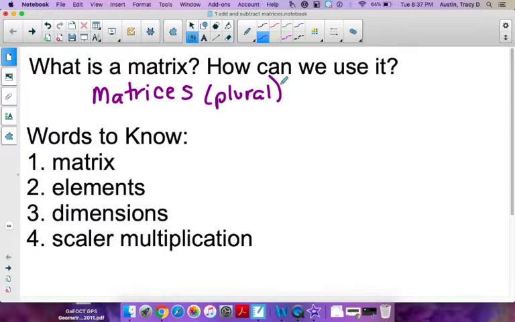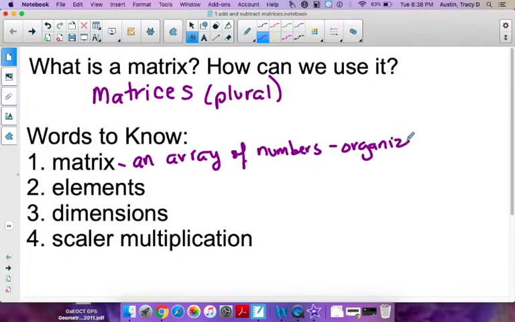So for those of you who are really into computer games or like working with computers and doing the programming, this is something that you'll actually see quite a lot of. Okay, so the words to know. A matrix is just an array of numbers, and it's used to organize, and it has rows and columns.